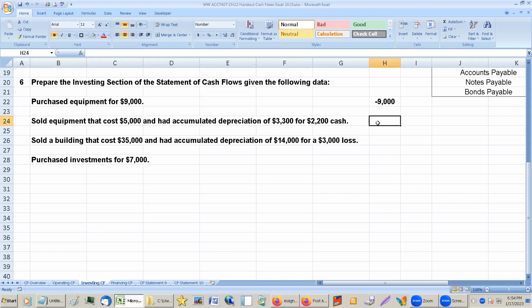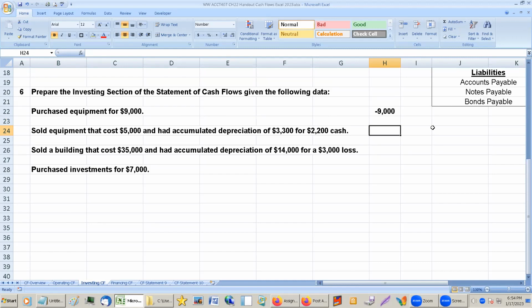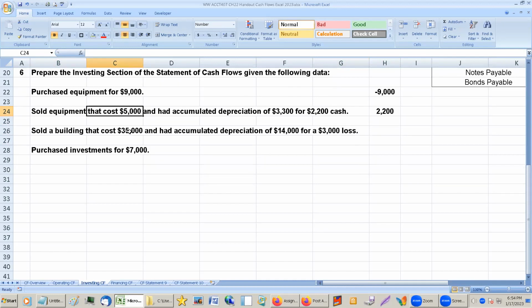Well, it actually would have been a gain, but keep in mind, this is a statement of cash flows. So what will the cash be? 2,200. Yep. Okay. So you're right though, it would be a gain. This would have been a gain of about 500. Yeah, it definitely would be.